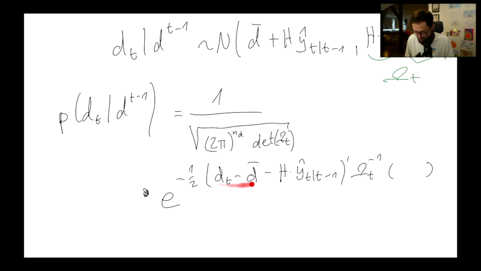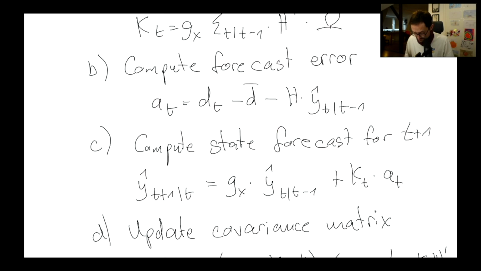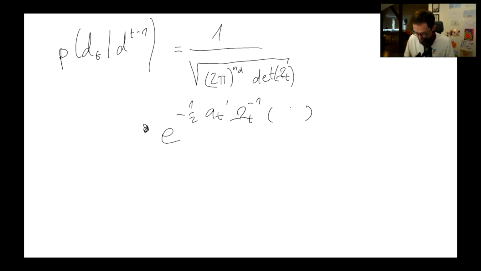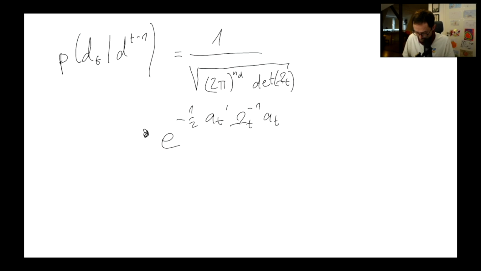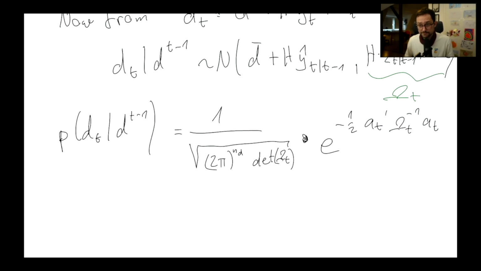And if you have a close look at this expression, we call that the forecast error. So basically, this is the forecast error. So I can simply write a_t prime times a_t. So I have the density function for each contribution to the joint likelihood.